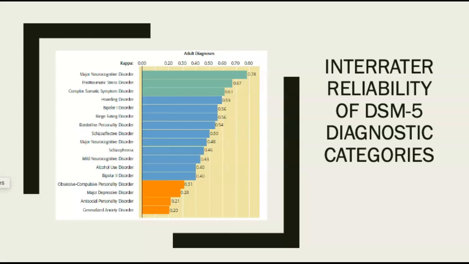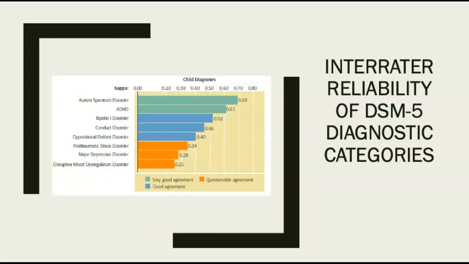And part of what this highlights is the overlap in symptoms for these different disorders and how easy it may be for different clinicians to propose or suggest or offer different diagnoses for the same presenting symptoms and presentations, especially as it relates to some of these disorders that are lower on the inter-rater reliability. And this goes for children or child diagnoses as well.